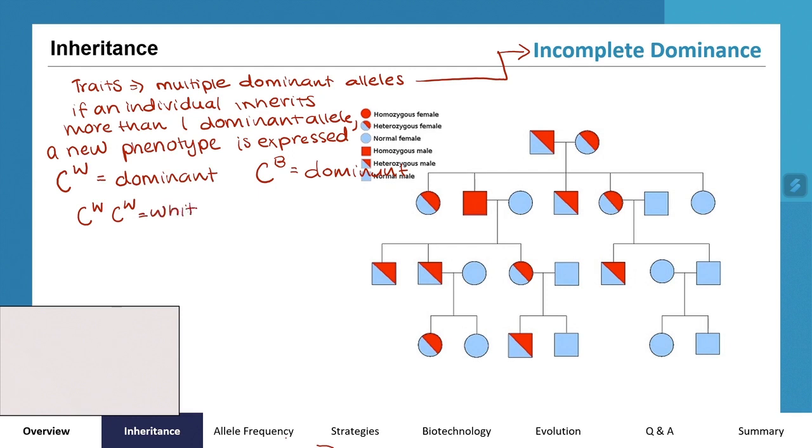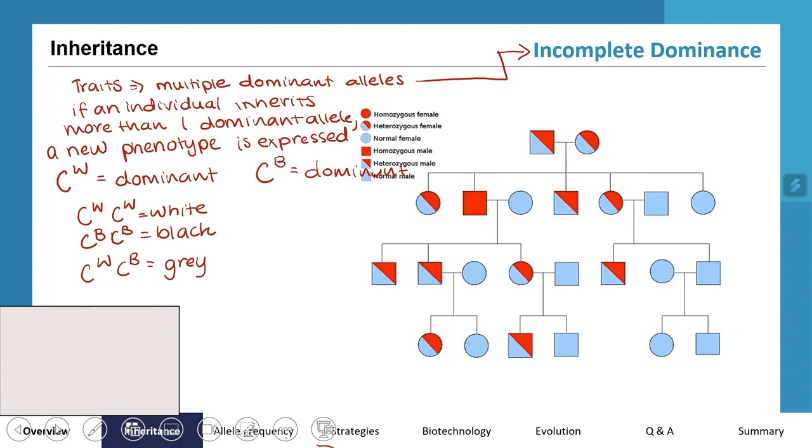This is pure white fur. If I wanted a cat with pure black fur, it would be CBCB. But if I was to get the heterozygous phenotype of CWCB, instead of being white or black, because both of them are dominant, a new phenotype occurs and the fur color would be gray. Completely different to the phenotypes of the homozygous genotypes.